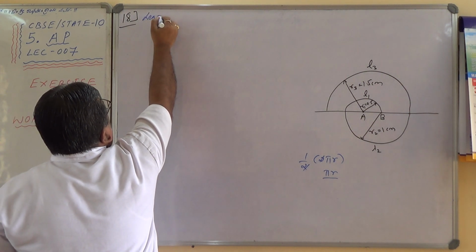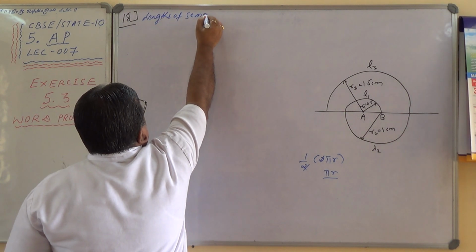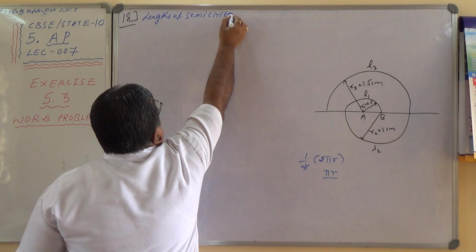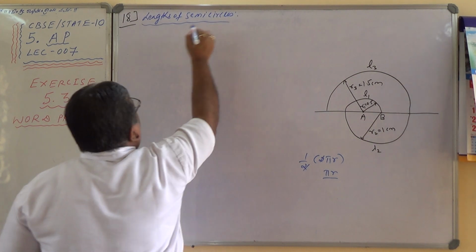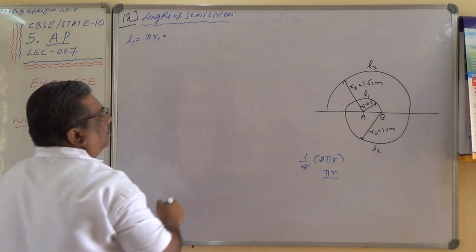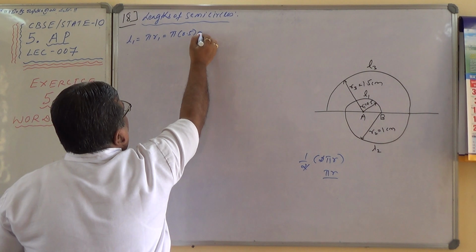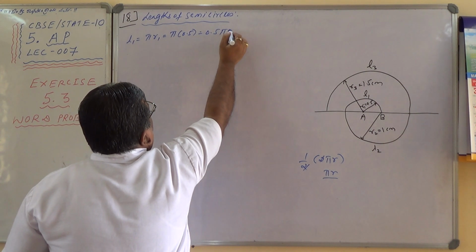Therefore, the lengths of the semicircles: L1 equals pi r1, pi into 0.5, which is 0.5 pi centimeter.